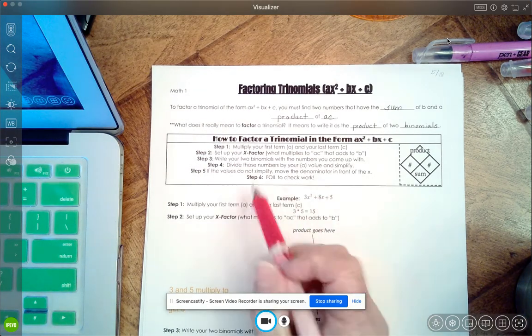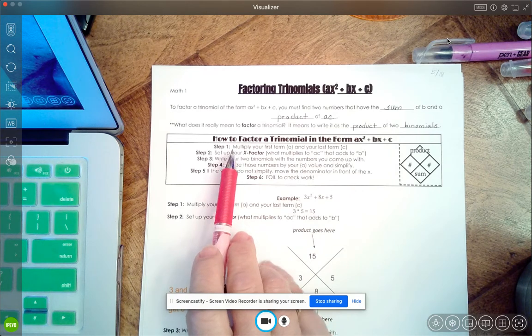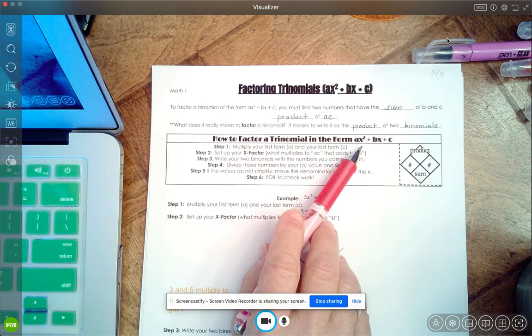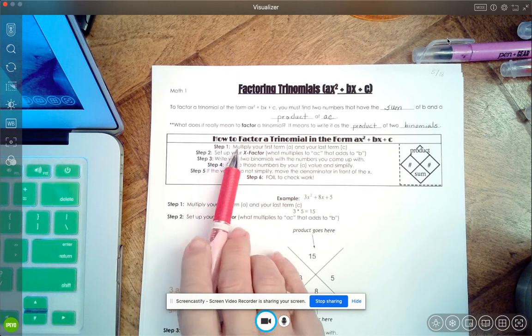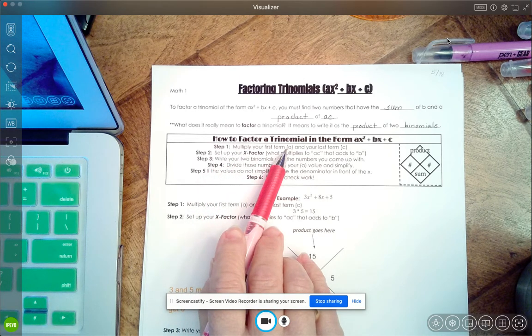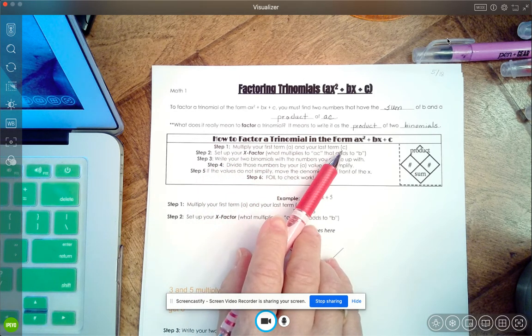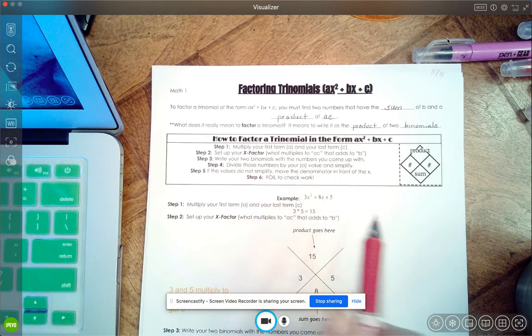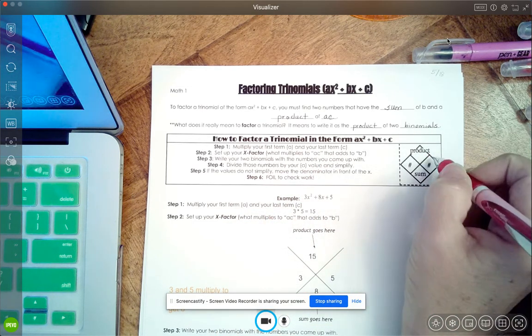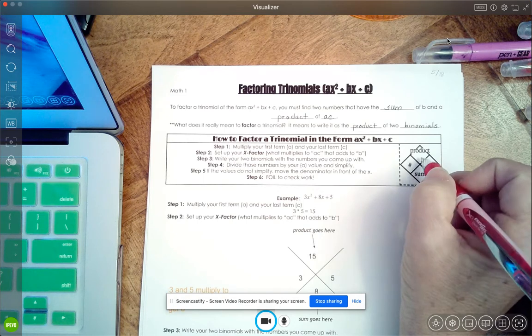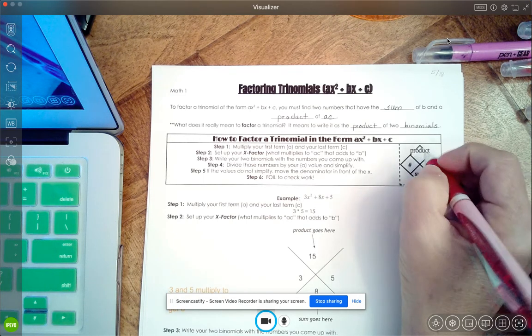So here are the steps to factoring a trinomial in the form of ax squared plus bx plus c. Step 1, we're going to multiply the first term and the last term, a times c. To begin with, we're going to set up this big X, and when we multiply a times c, we're going to put the product right here.